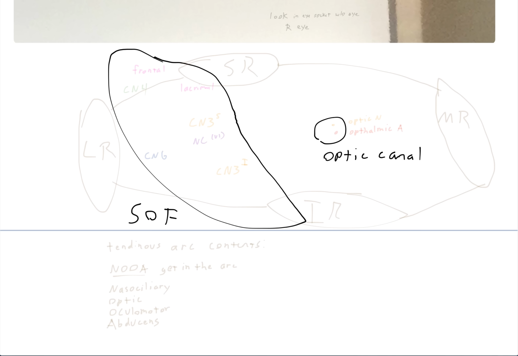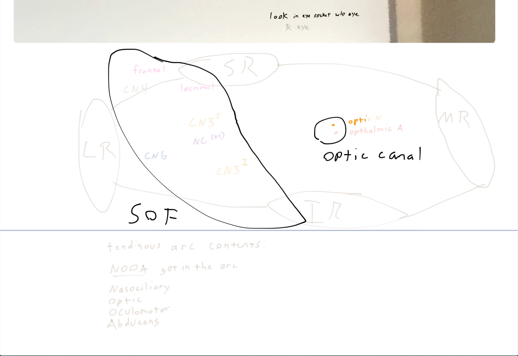In the optic canal, there should be two things: the optic nerve and the ophthalmic artery.